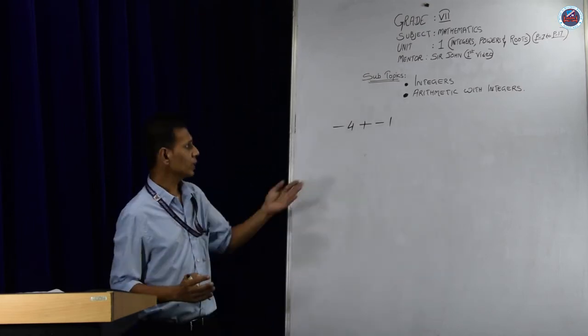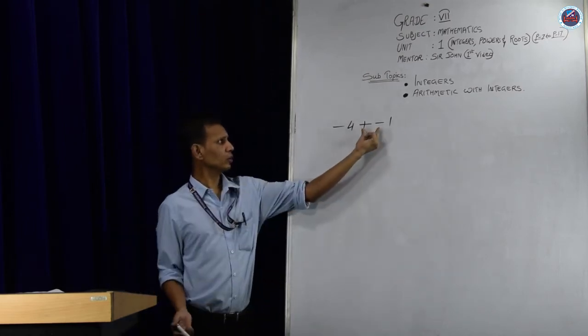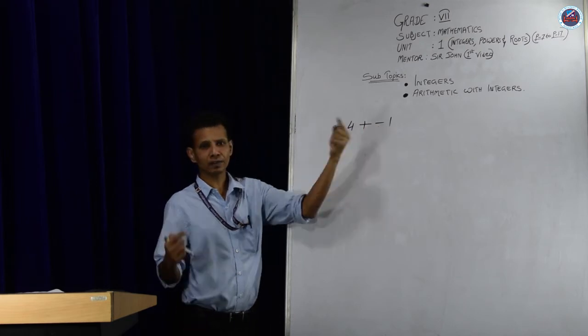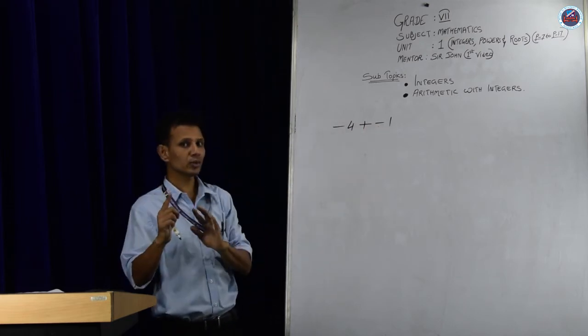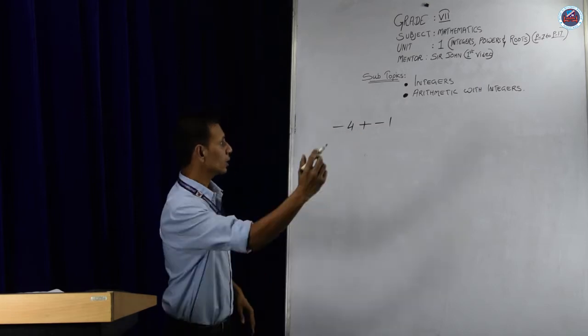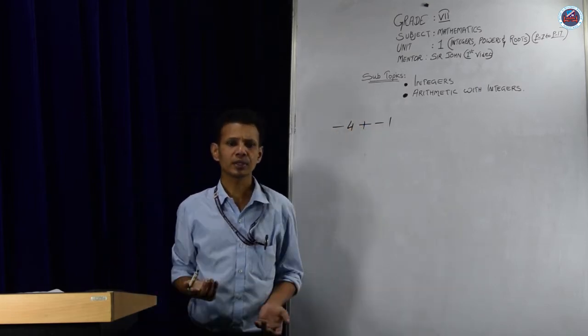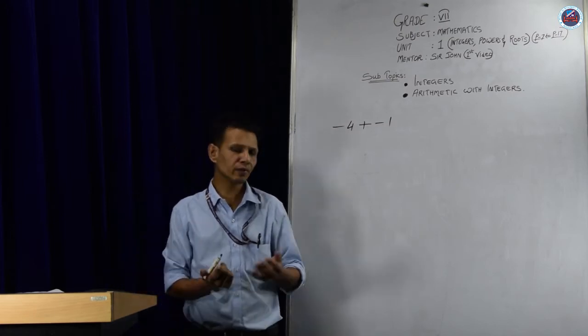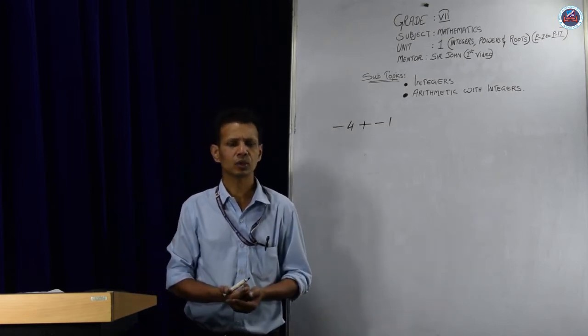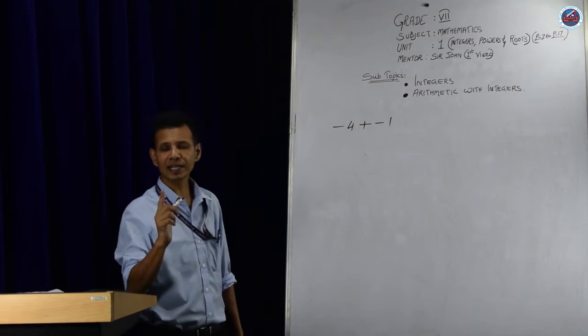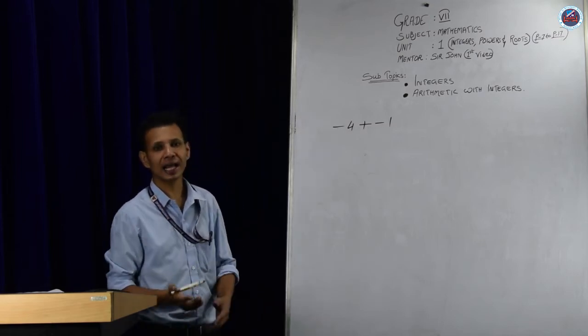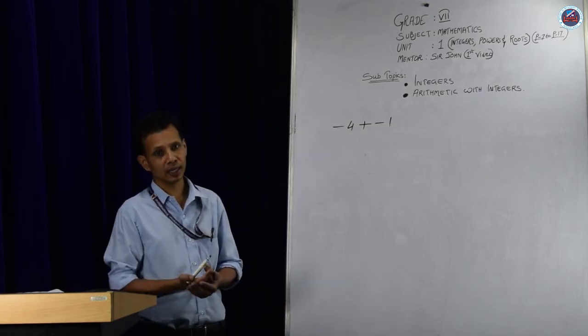When you look at this question, very quickly you can see that these two signs are facing together, right? So your first duty is to work that out. Work out those two signs. And how will you work? By using the sign rule. See the importance of the sign rule. Everywhere you are using that sign rule. So please remember those four sign rules. It's going to help you in every question, I think.